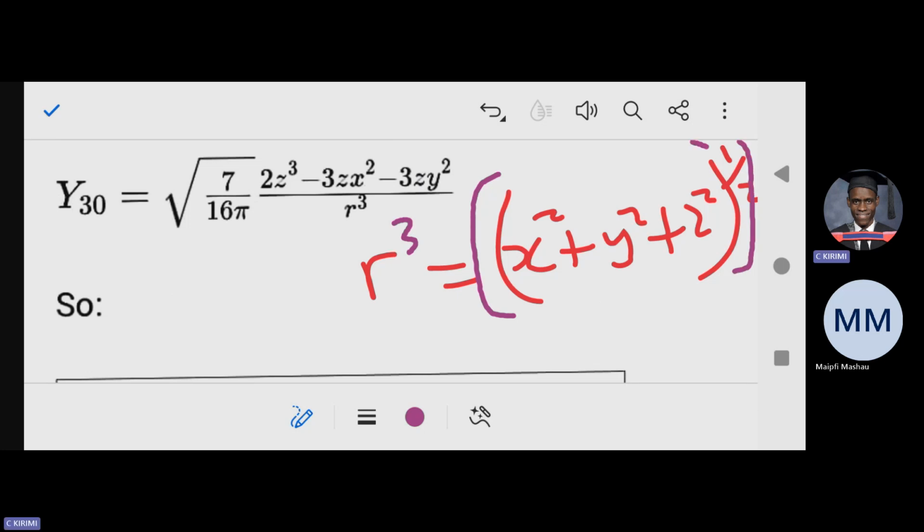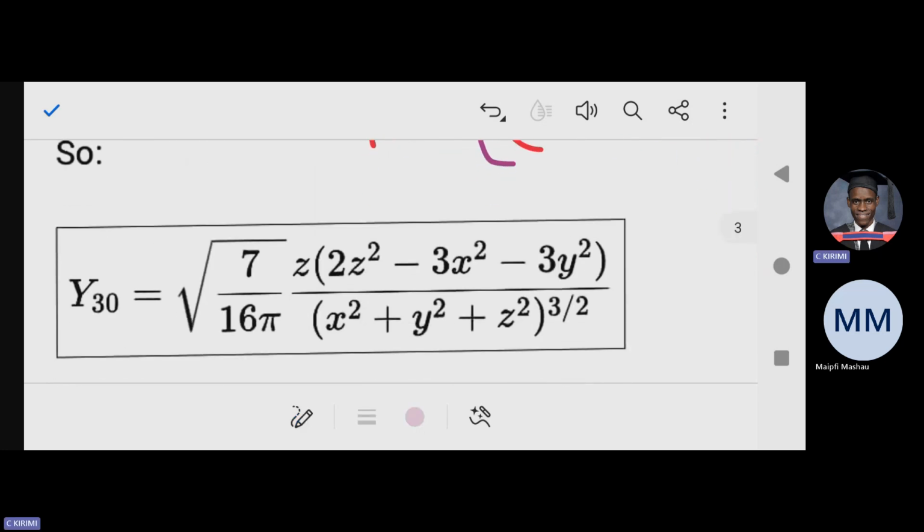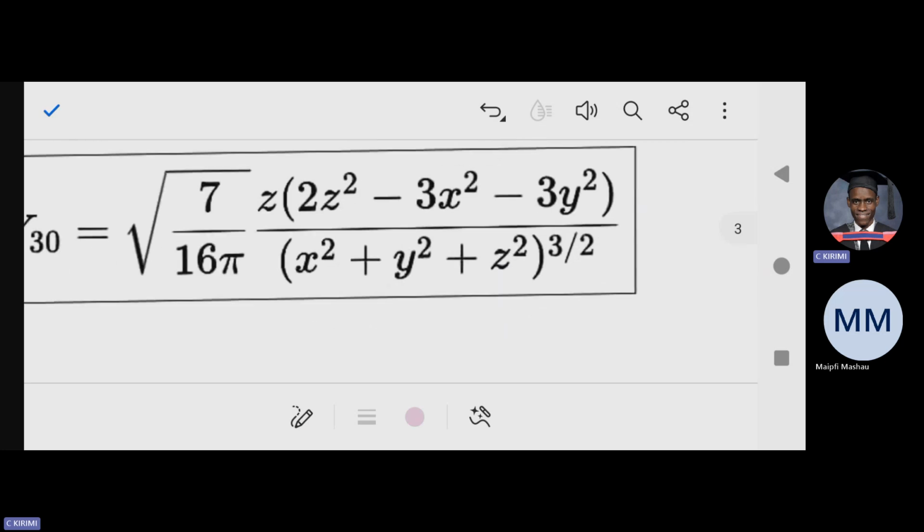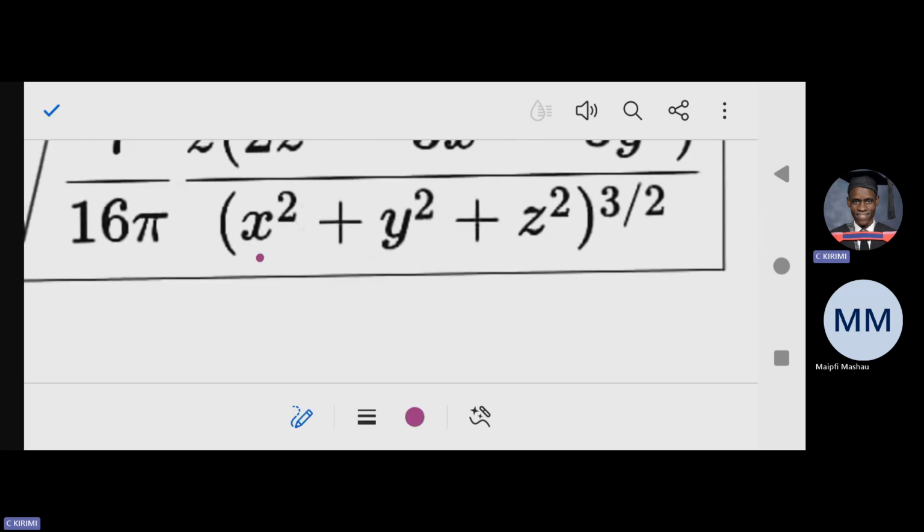By introducing a cube exponent, we are just multiplying the exponent by 3. That's why it's 3 over 2, which we are having. So the cube is coming from the square root.